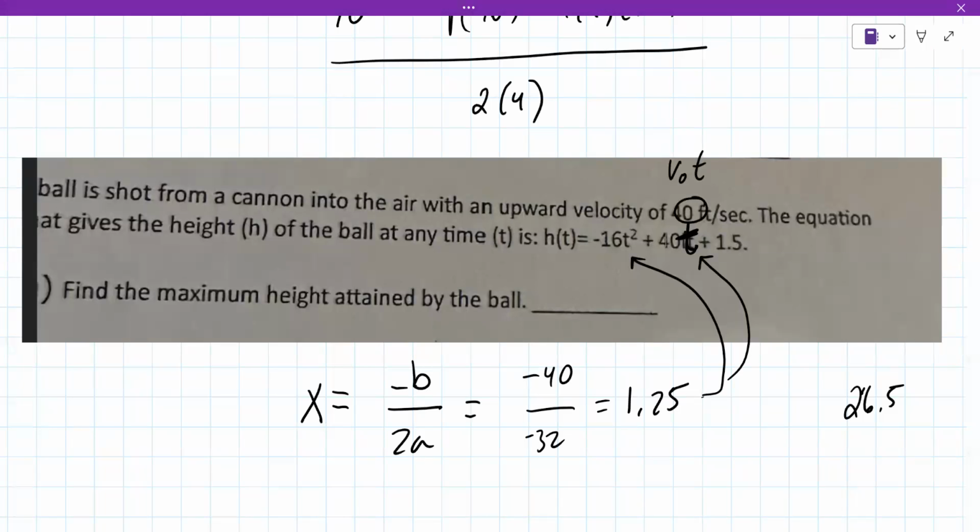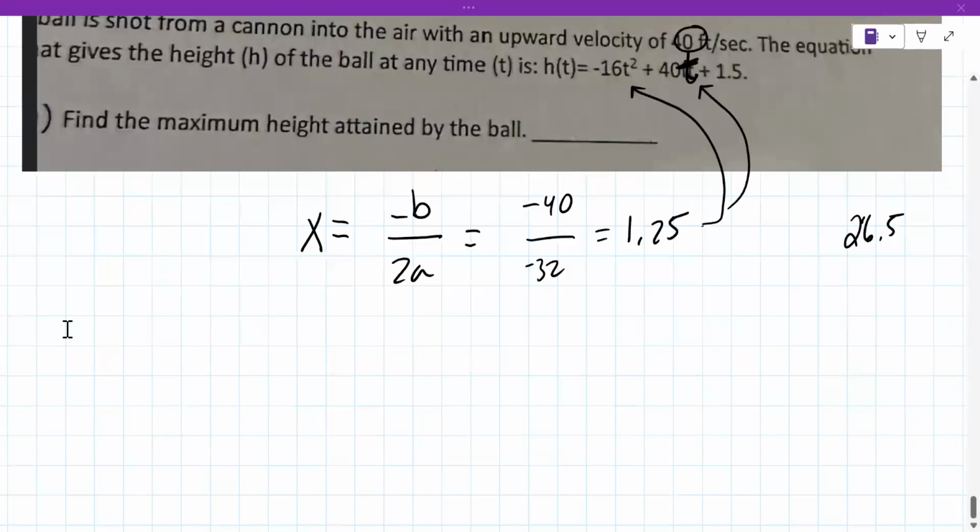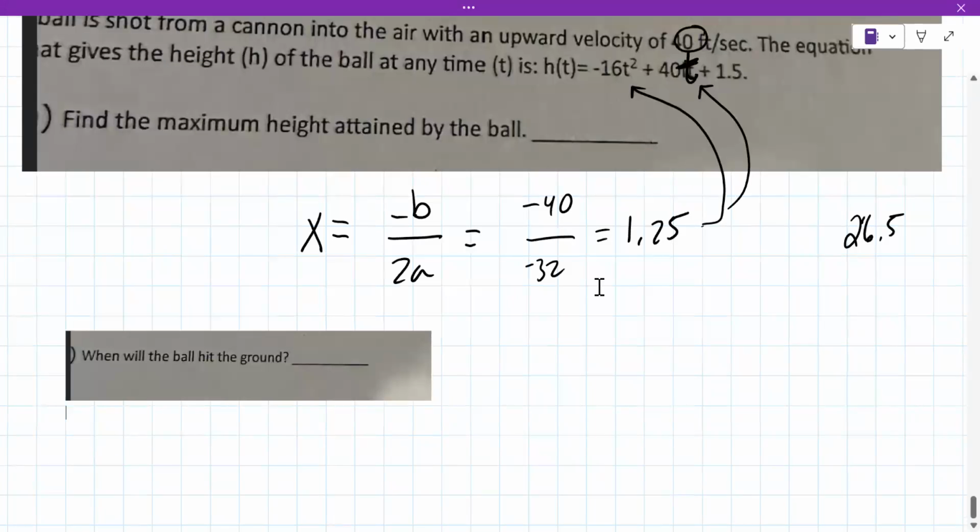And then the next is to figure out where it hits the ground, where it equals 0. So let's use quadratic formula on that one just to do another practice on that.